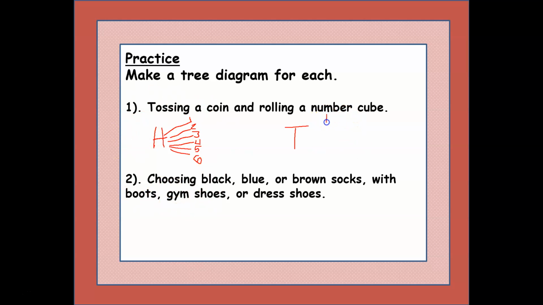Tails would also be 1, 2, 3, 4, 5, and 6. So we have a total of 12 outcomes.